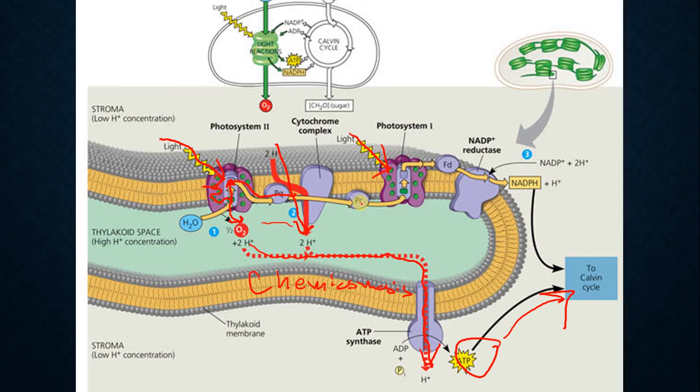Meanwhile, those electrons continue their journey to photosystem 1, to chlorophyll B. Light that enters photosystem 1 will also jump back and forth from pigment to pigment until it gets to chlorophyll B, and then it will give those electrons to its primary electron acceptor, which will shuttle the electrons through NADP+ reductase, which will reduce NADP+ to NADPH, our stored energy, our electrons that we're going to need to build glucose in the Calvin cycle.